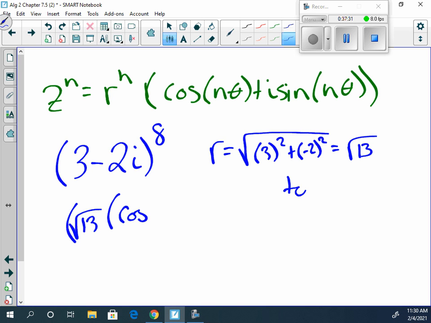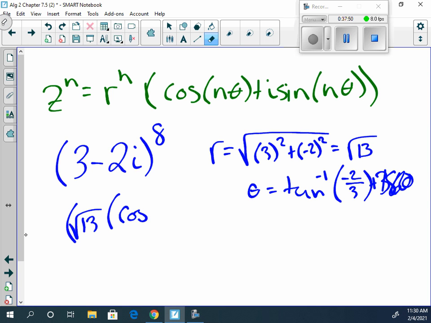Now theta is equal to tangent inverse of negative 2 over 3. And whatever we get, we'll add 360. Let's use degrees because it's a little easier to work with. The reason I'm adding 360 is because tangent inverse is going to give us a negative angle.